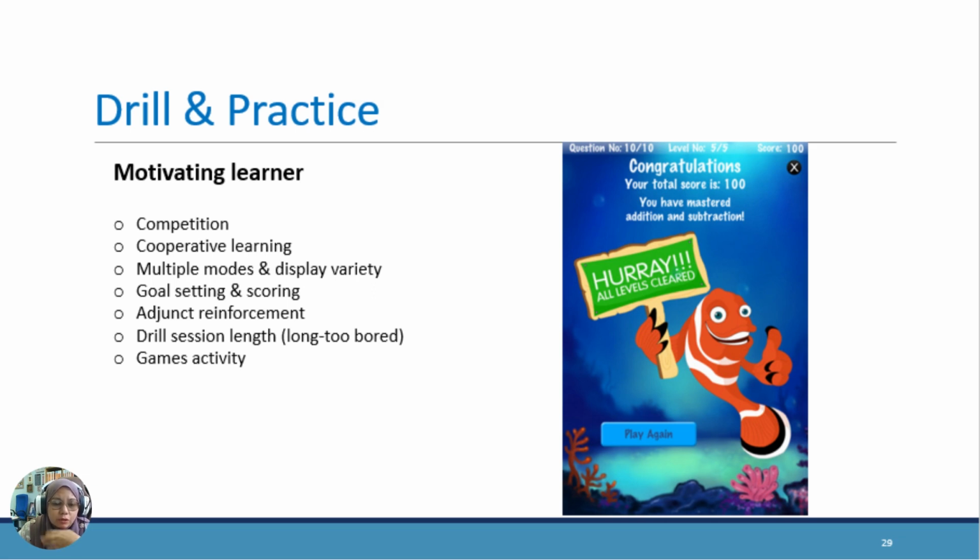Reinforcement means you encourage them with motivating words and maybe additional information, so it will motivate your students. Actually, drill session length should not be too long.